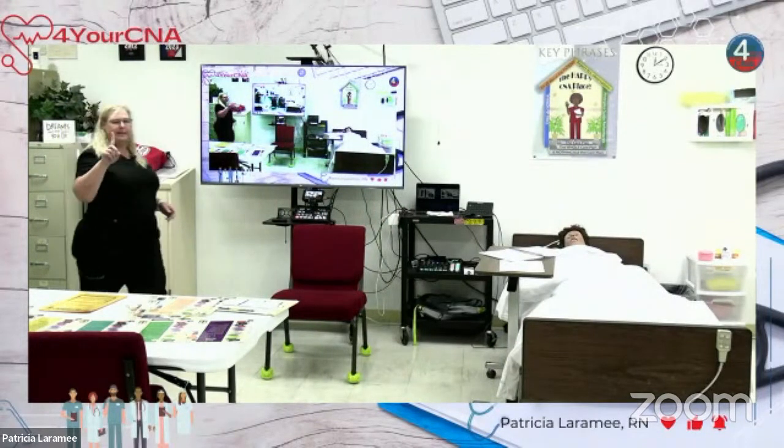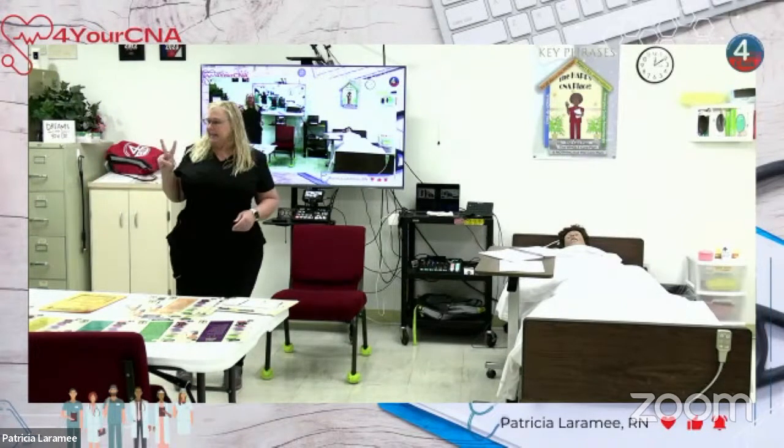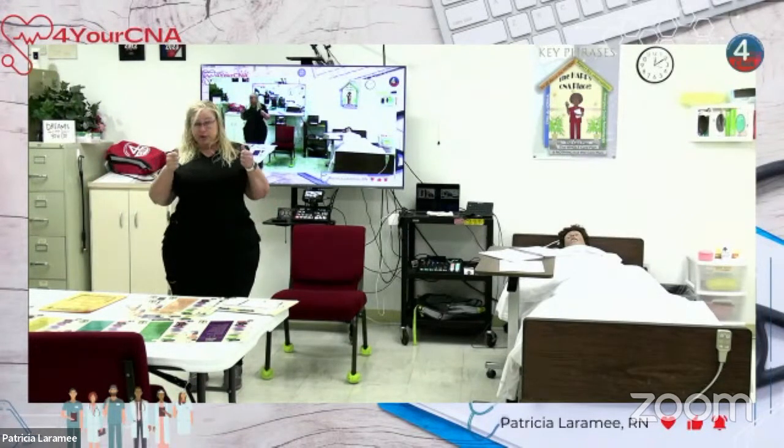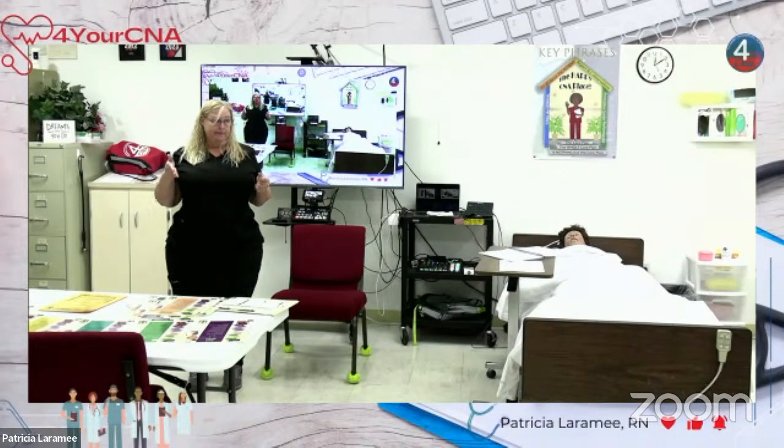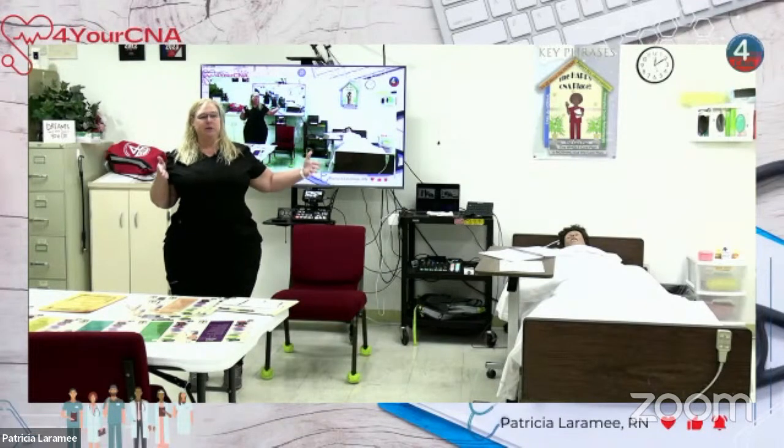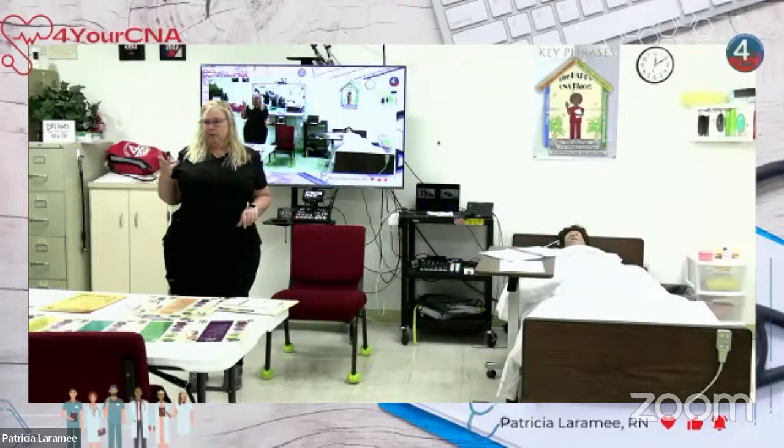So one person is the patient, one person is the CNA doing the skill. The third person should have that skills book open to the page and be reading the steps to make sure that the CNA is doing all the steps correctly. If you're working on a mannequin, you only need 2. If you're doing live patient skills, you need 3. The way to know the difference is at the bottom of the skill, you'll see whether it's a live student or a mannequin.